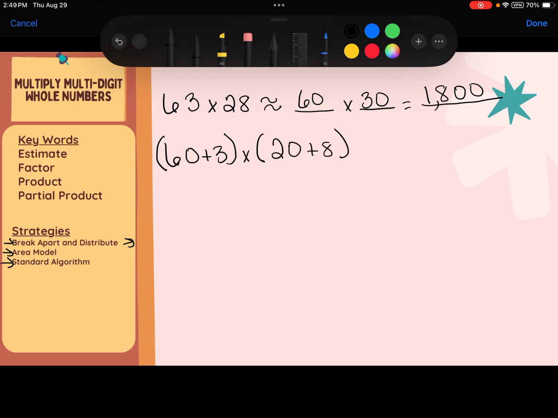So I'm multiplying this 60 times the 20 and this 60 times the 8. So I rewrite this as 60 times 20 plus 60 times 8. Then I'll go ahead and do the same thing with that 3. So 3 times 20 plus the 3 times 8.